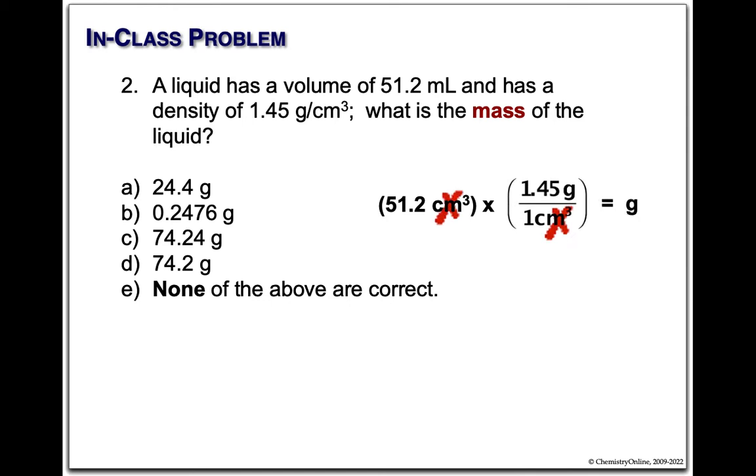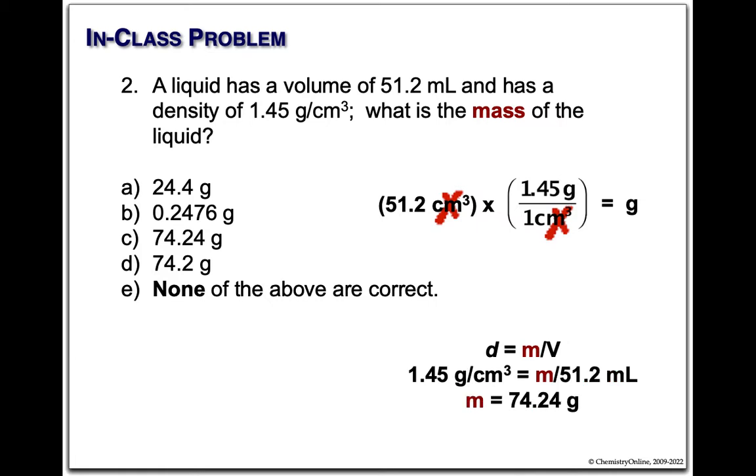Simply do our multiplication, pick our answer. We can also do it the longer way. We're looking for mass, substitute, solve for mass, do our division, 74.24. That's what your calculator says.